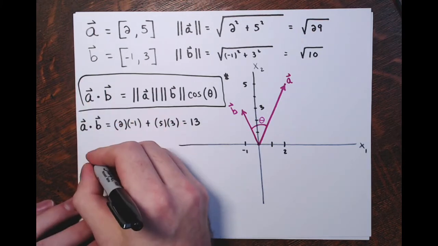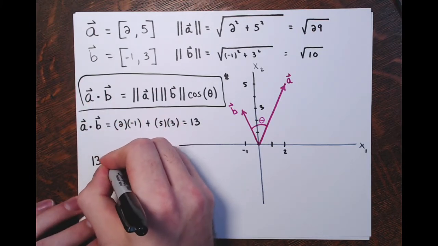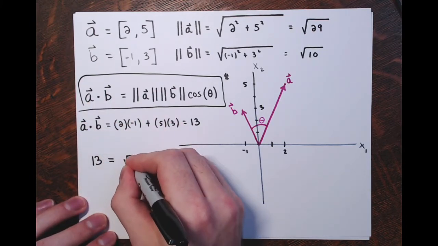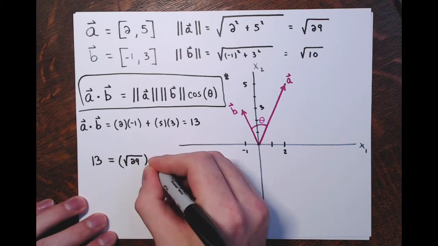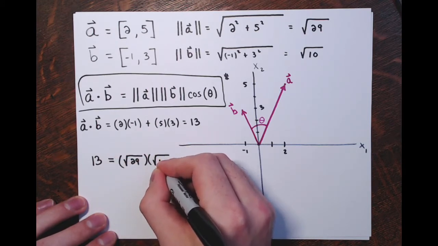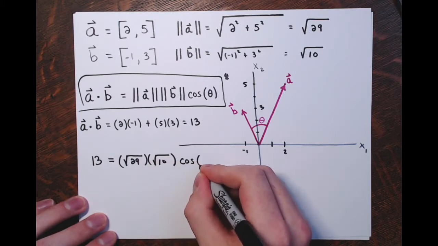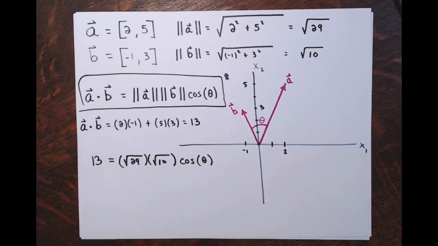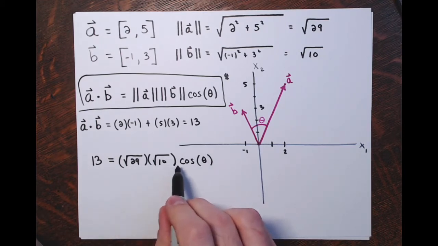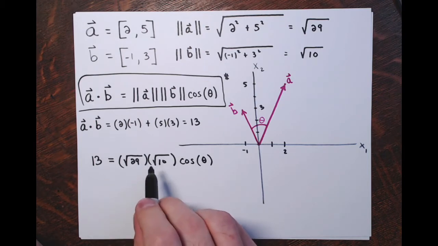So we have 13 for the dot product is equal to the square root of 29 times the square root of 10 times the cosine of theta. And then I'm going to solve this for theta. So in order to do that, we've got to get rid of these numbers. That'll involve division.